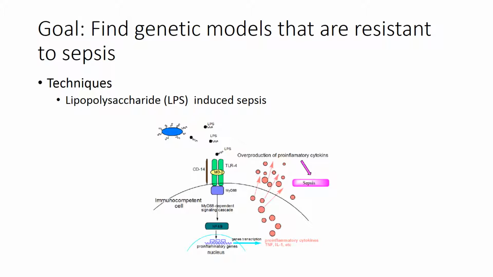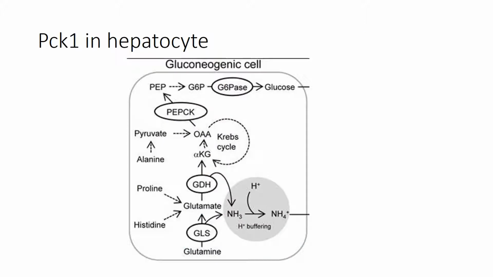You give this LPS and you measure the production of cytokines, because all these cytokines are involved in the induction of sepsis. We would also be interested to see if we could prevent that M1 going to M2, because if we could, could that prevent sepsis in the newborn infant?